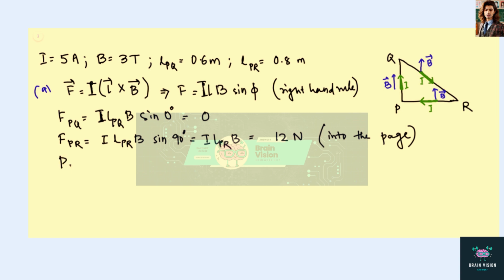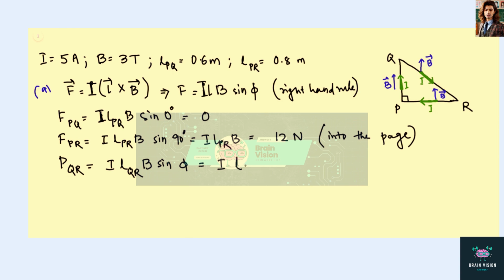Similarly, we do the same thing for QR, which is I times LQR times sine phi. So LQR is basically this distance, which can be found from Pythagoras theorem because this is basically 90 degrees.